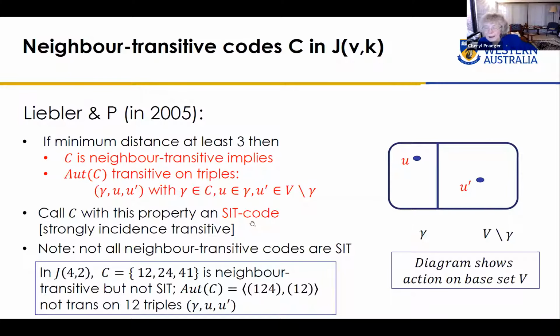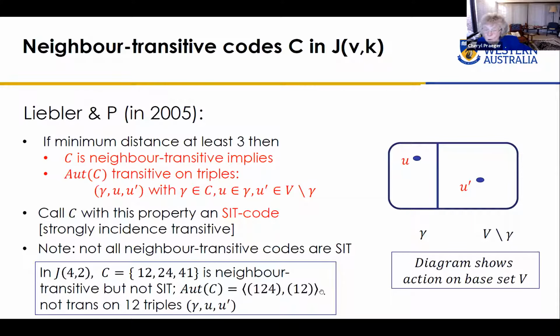Now, not every neighbour transitive code is SIT, but this is saying if you've got minimum distance at least 3, which is something we'd like, then it is SIT. Here's a tiny example of one that you could go back and think about. It's a code of size 3 in that small Johnson graph I drew for you. It's neighbour transitive. It's got just 3 code words.